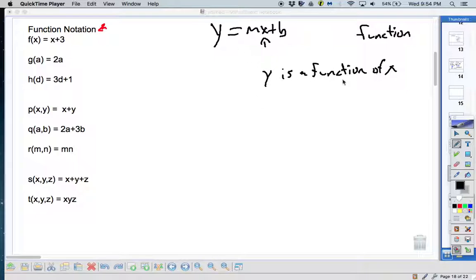Well, instead of saying all this, we can write it like this. So we're going to have y is a function of x, and we're going to use f to represent function. And this f is going to be the name of the function.